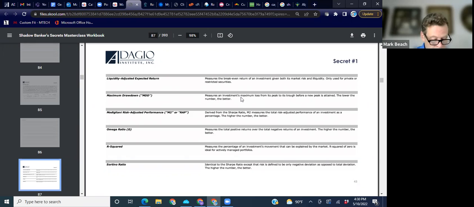He brings forward some to consider: the Treynor ratio, the information ratio, R squared, Modigliani, which we're going to talk about a little bit later, the omega ratio, the maximum drawdown, the return over maximum drawdown, the ROMAD, which we'll also talk about later, the value at risk, and the Monte Carlo solutions.